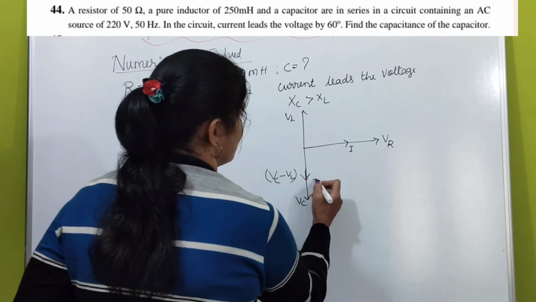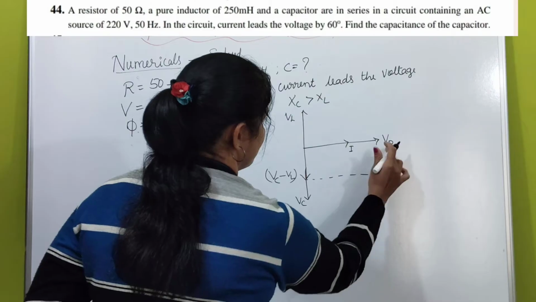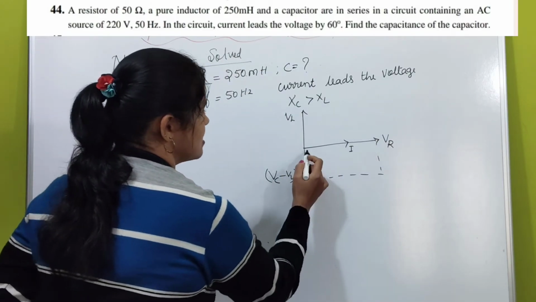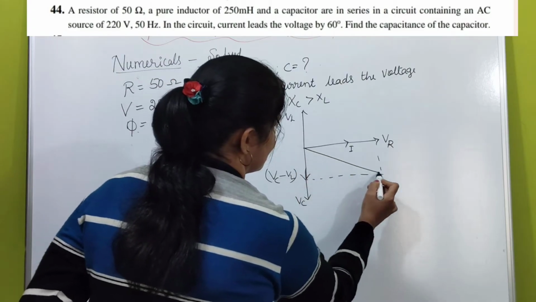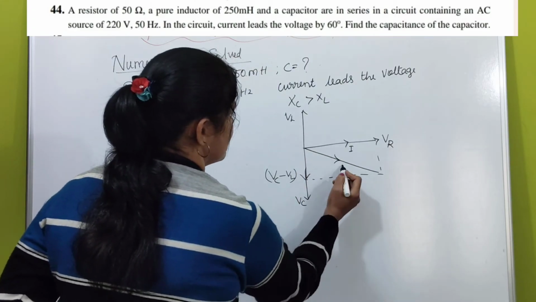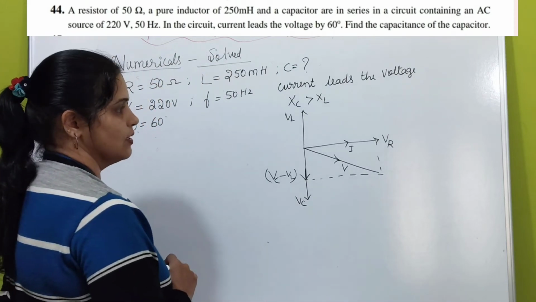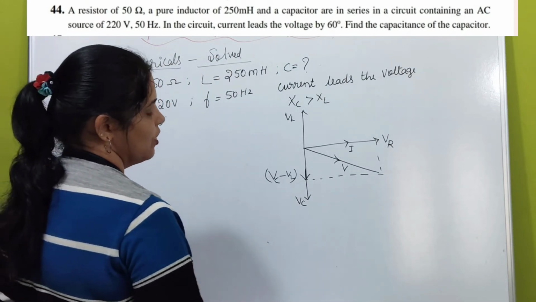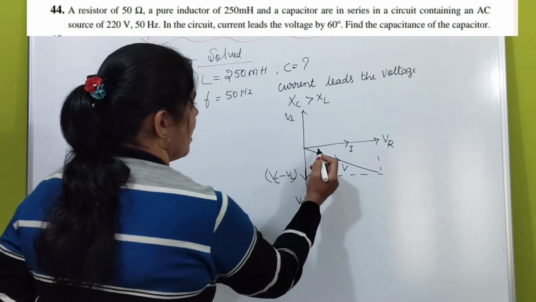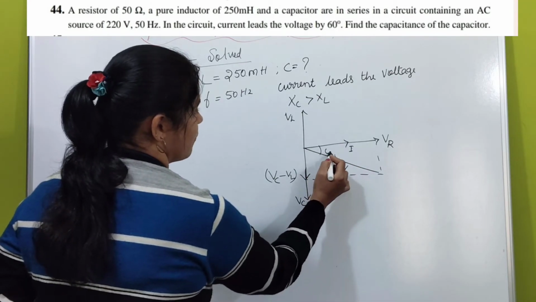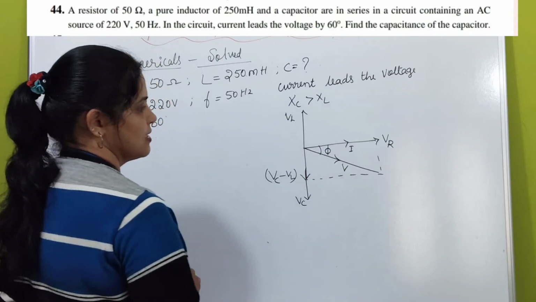Now you have to add these two, VR and VC minus VL. Then the resultant is acting along the diagonal. So this is the resultant voltage V. And the angle between current and resultant voltage is phi, that is 60 degree.